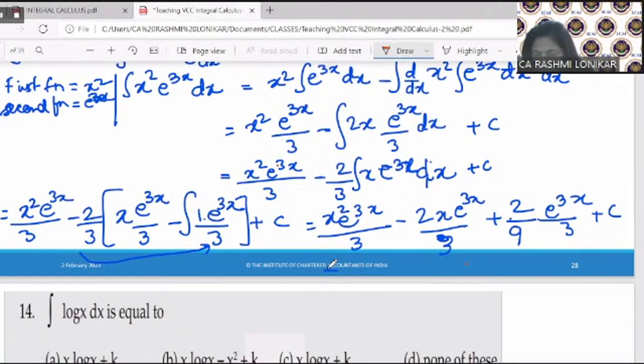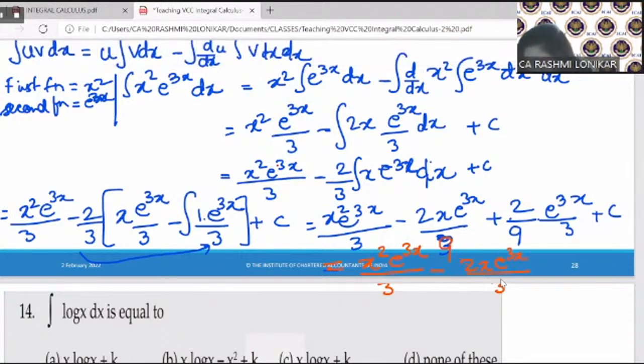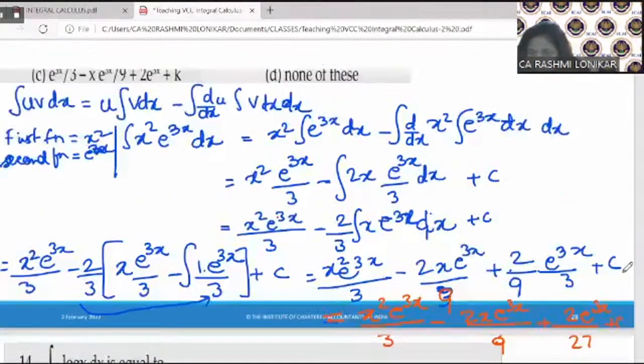So this is equal to x square e raised to 3x upon 3 minus 2x e raised to 3x upon 9. Then 3 into 3 is 9, and 2 by 9 into e raised to 3x upon 3 will be equal to plus 2 e raised to 3x upon 27 plus c. Okay, let us see which answer option we have.